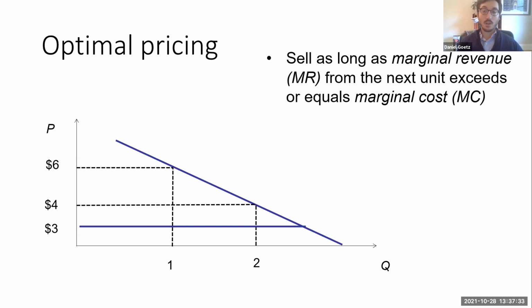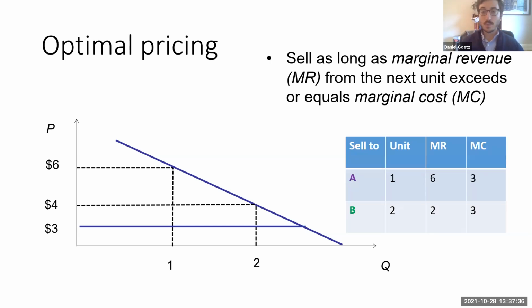The intuition here is that when we sell to consumer A, we're selling 1 unit, and so our revenue jumps from 0 up to 6, and that's bigger than the cost, 3. So we're going to make that unit. But when we add another unit, we're going to be selling it at 4. So we'll make an additional $4 from consumer B. But there's only one price in the market, so if it's 4, then A is also paying 4.